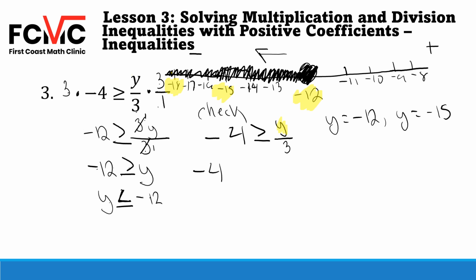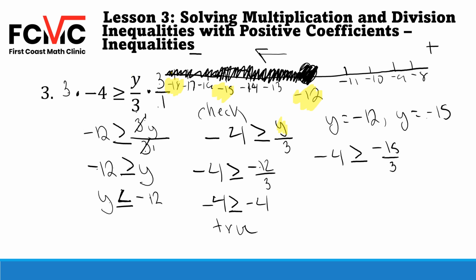So negative 4 greater than or equal to negative 12 over 3. Negative 4 greater than or equal to negative 12 divided by 3 is negative 4. So this is going to be true. Then if we check negative 15, negative 4 greater than or equal to negative 15 over 3.